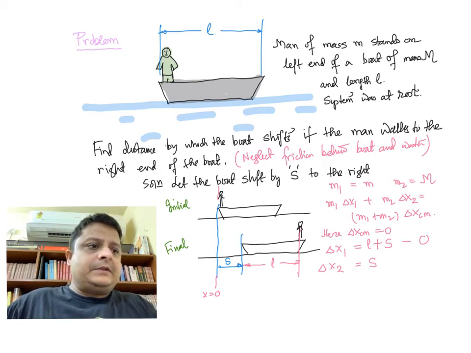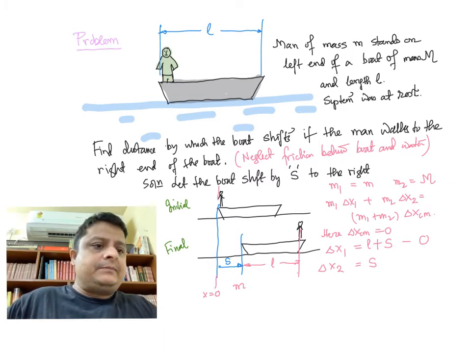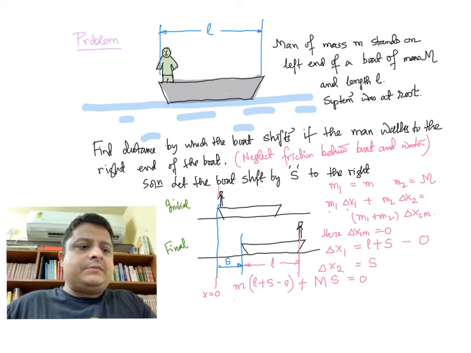Right. So let's put the values like this: m1 delta x1, that we are doing. So m1 is small m into L plus S minus 0 plus m2, capital M, into S is equal to 0. So what does it imply?